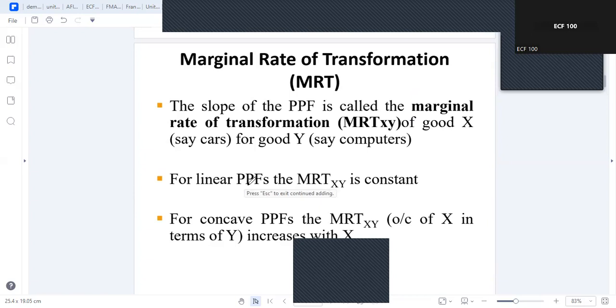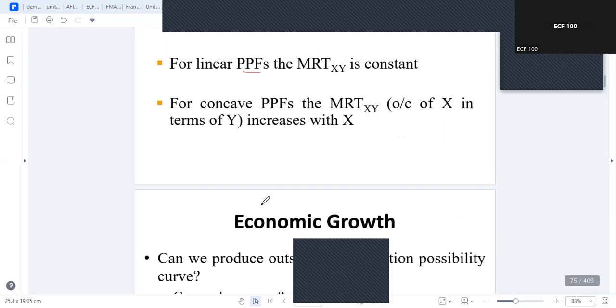The slope of the PPF is actually called the marginal rate of substitution, or others call it the marginal rate of transformation. So the PPF, which is linear, may give you the marginal rate of transformation X for Y or Y for X, depending on what has been given.